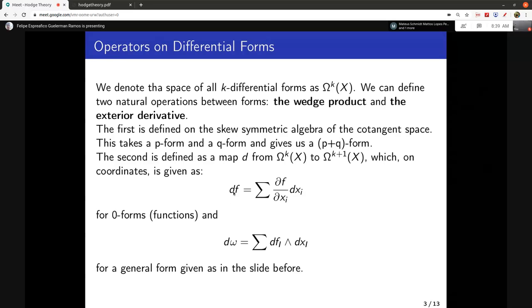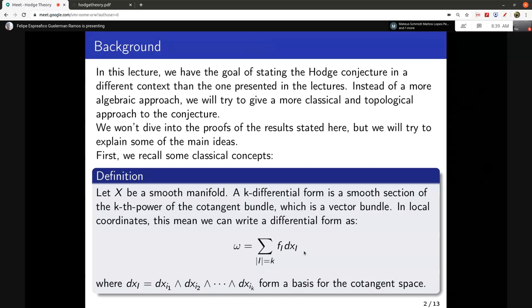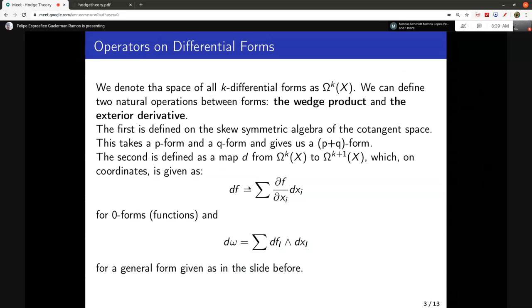If we have a function, which is a zero form, we are considering I equals 0, so we will have just a function. For a zero form, df is simply the derivative of f. So this is exactly the element in the cotangent bundle corresponding to the derivative of f, right?